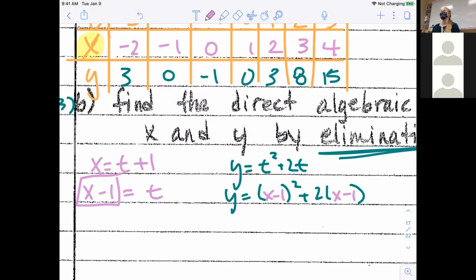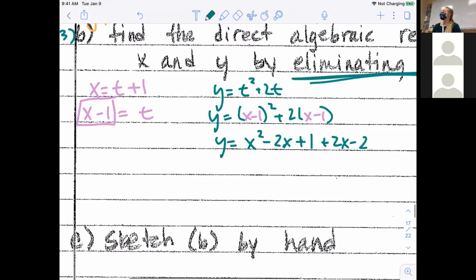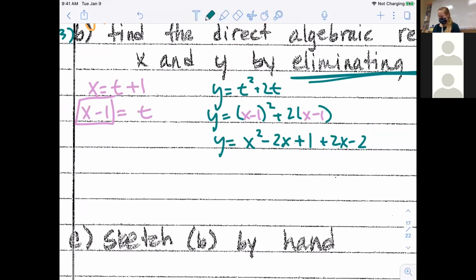The biggest mistake we make is when we don't FOIL right. So make sure when you FOIL, you're multiplying x minus 1 times x minus 1. Make sure you get a middle term. So I've got x squared minus 2x plus 1 plus 2x minus 2. And then I simplify. Well, my 2x's cancel, okay.